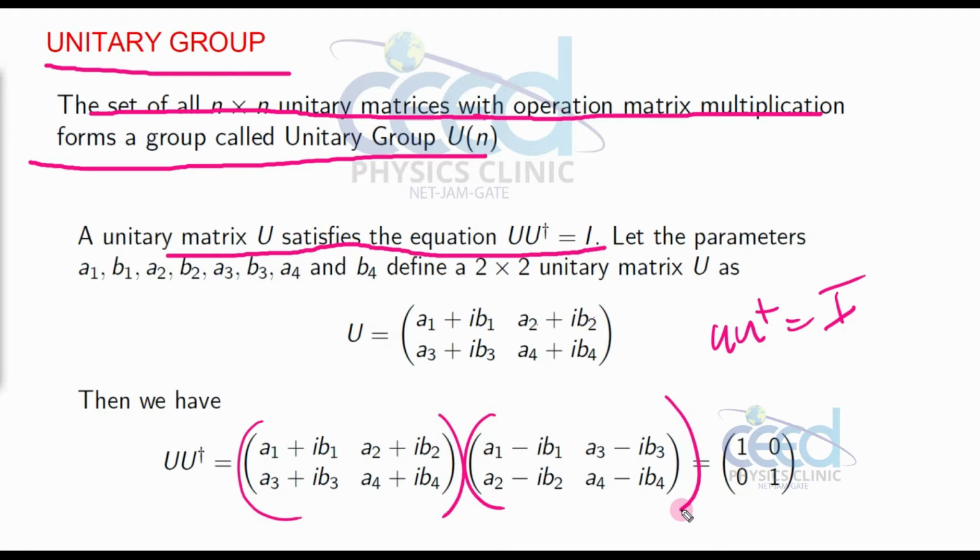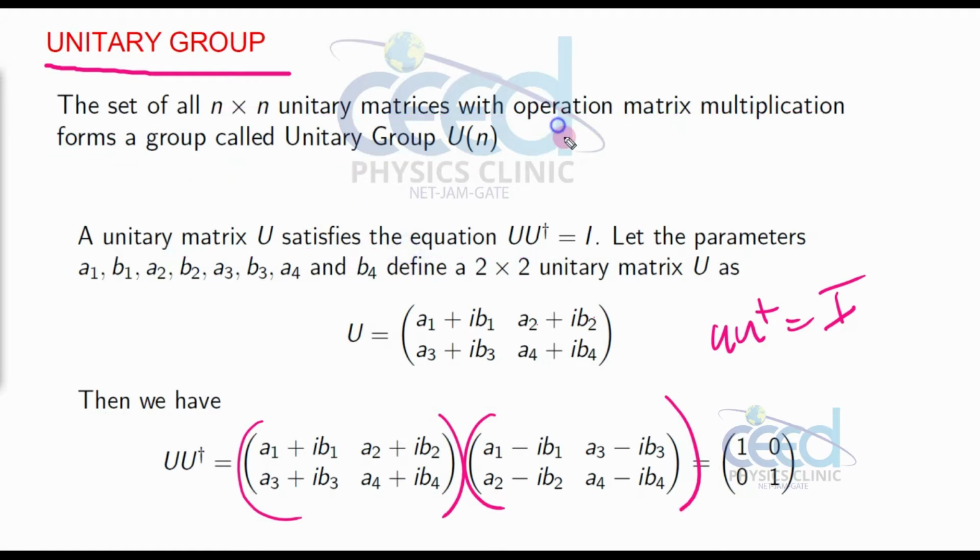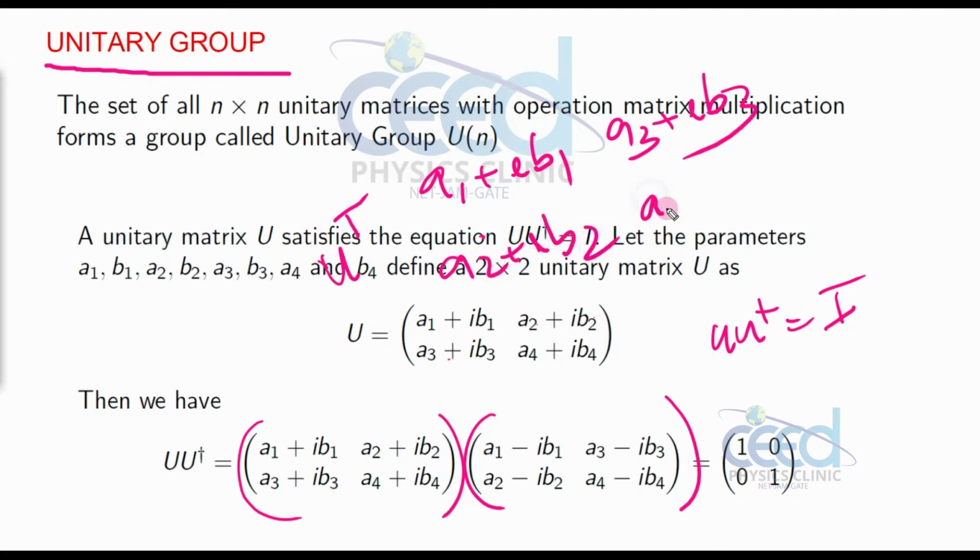The transpose of this is a1 plus ib1, a3 plus ib3, a2 plus ib2, a4 plus ib4.